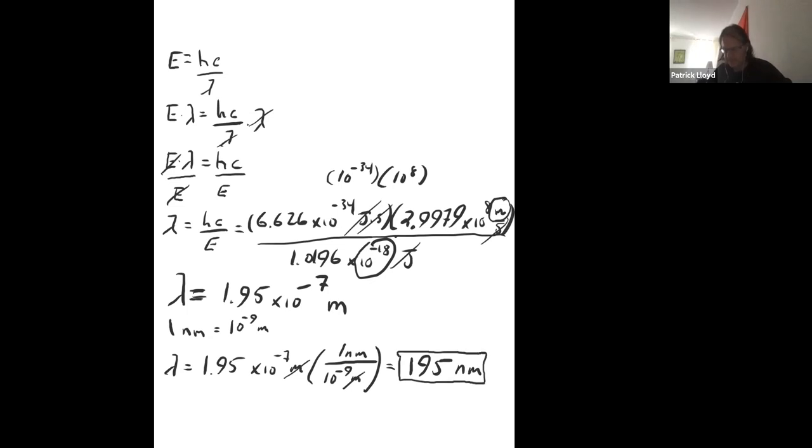And there you go. Now that actually is in the ultraviolet. Visible is 400 to 700 nanometers.